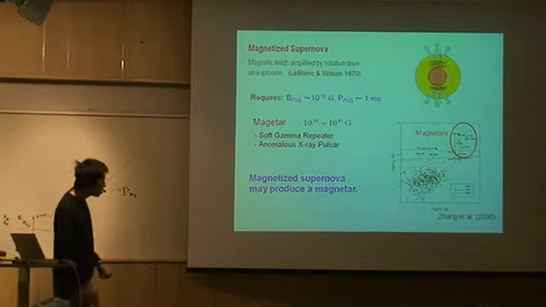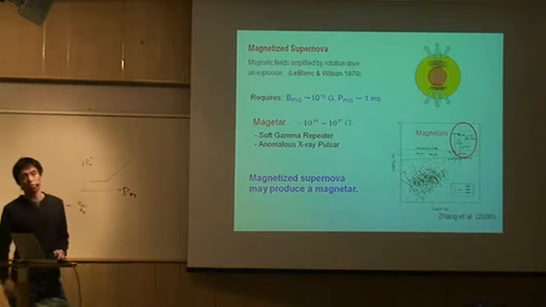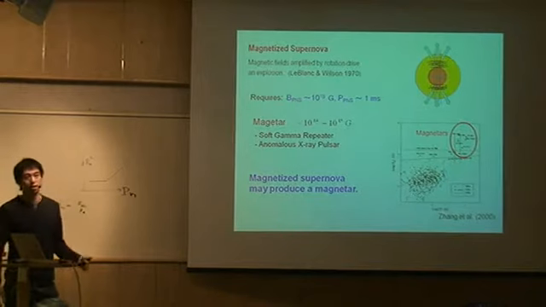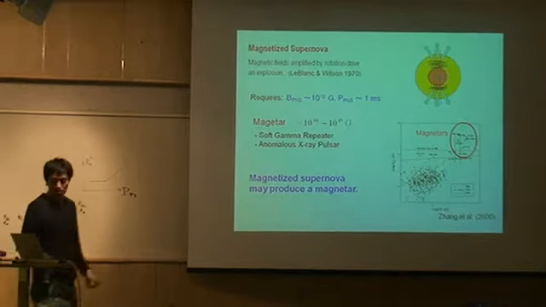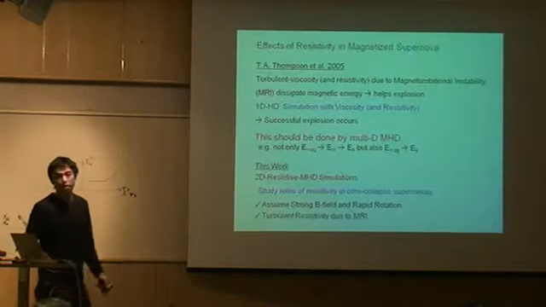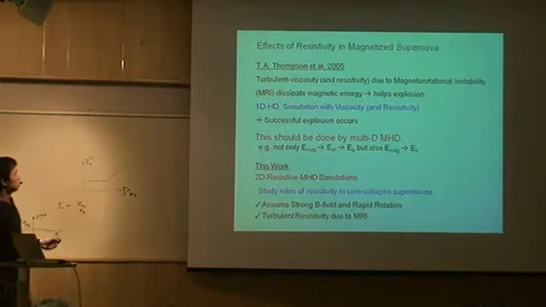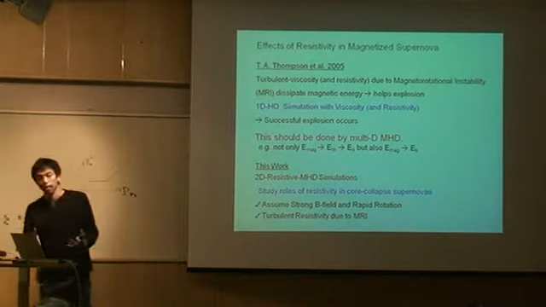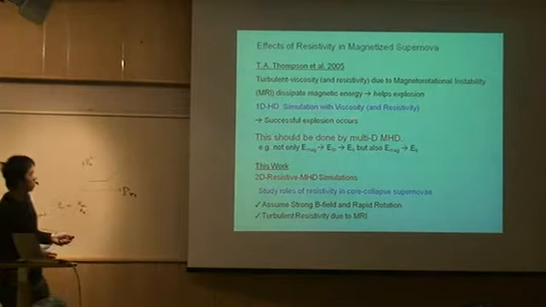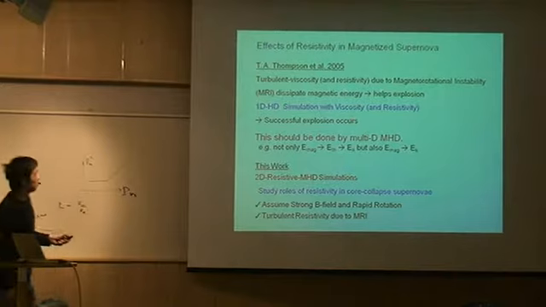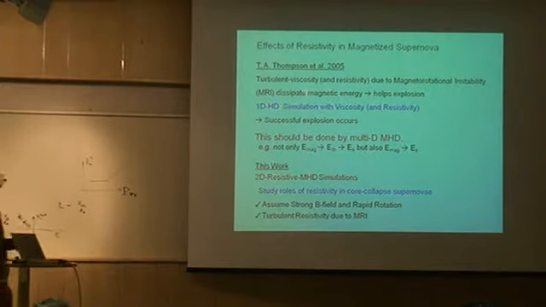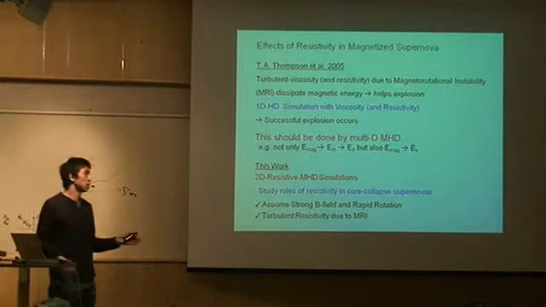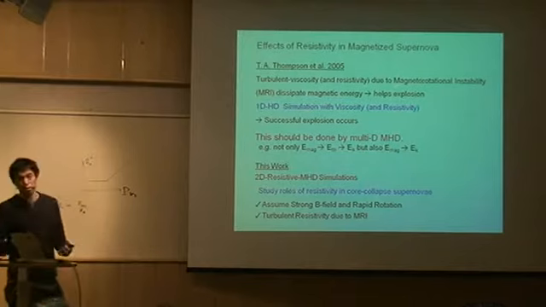In this context, magnetized supernovae have been studied for several years now. Among them, Thompson et al. studied the effects of resistivity in magnetized supernovae. Magnetized supernova is considered to be unstable to magnetorotational instability, and so turbulent viscosity and resistivity due to magnetorotational instability may exist.